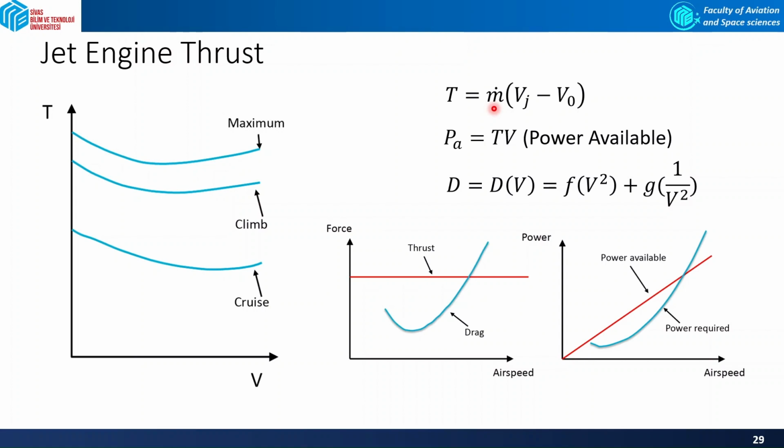Compression ratio means how much air is compressed inside the compressor. And also this is a function of the throttle setting. So if you fix the throttle setting and you have a fixed compressor, so if the compression ratio is fixed, then the jet velocity is not very dependent on the flight velocity.